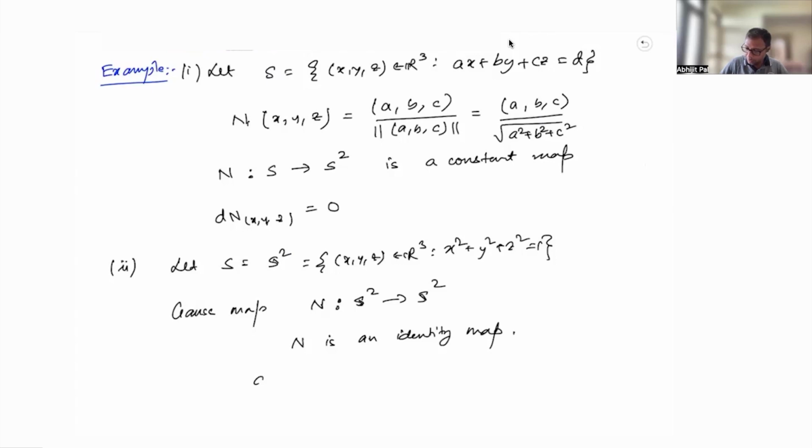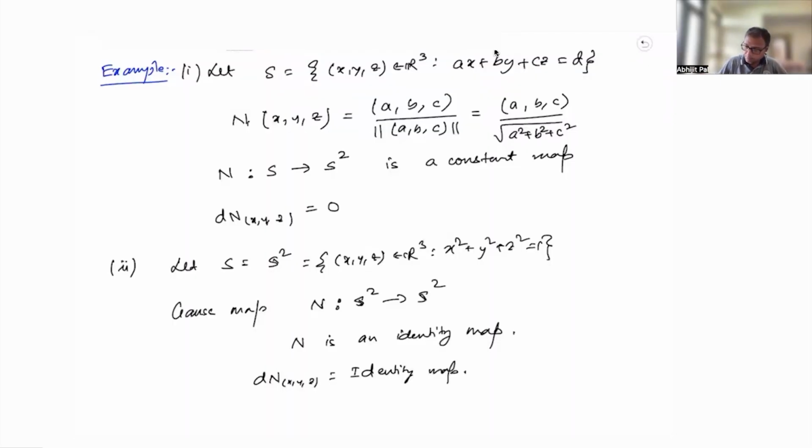So this dN at any point x, y, z is also the identity map. Okay.